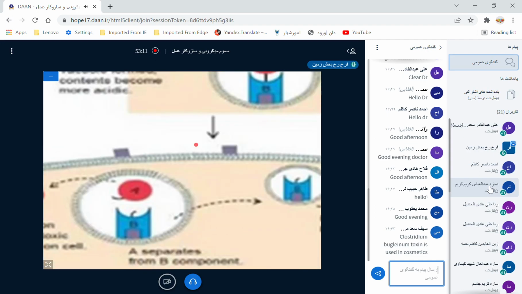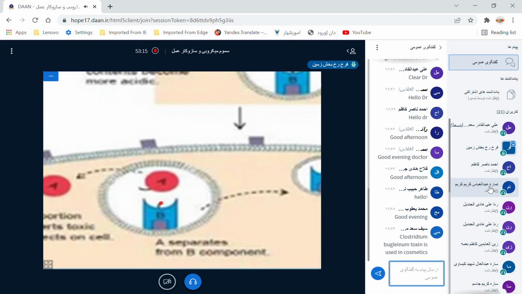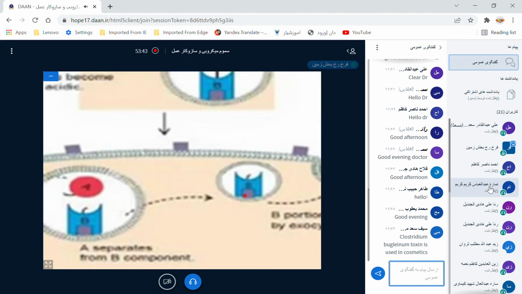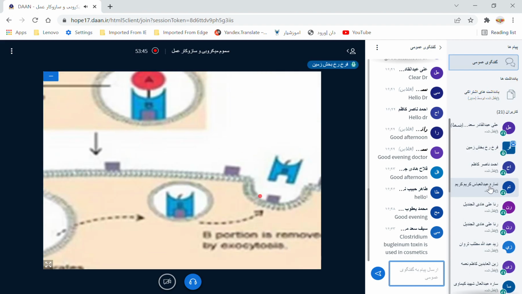Then there is dissociation between A and B. A comes out to the cytoplasm and starts virulence, starts problems, while the B subunit, accompanying the vesicle, is rejected outside by the cell.